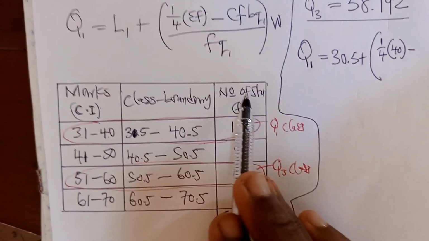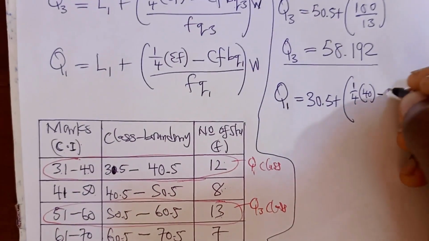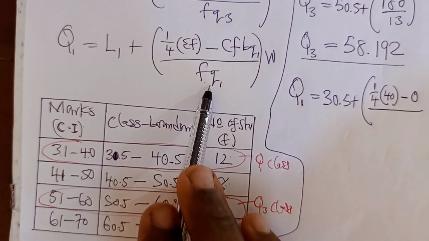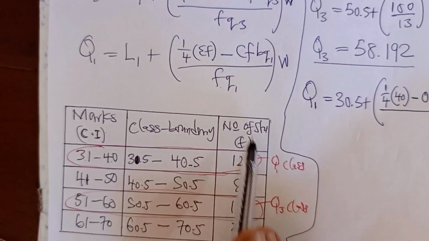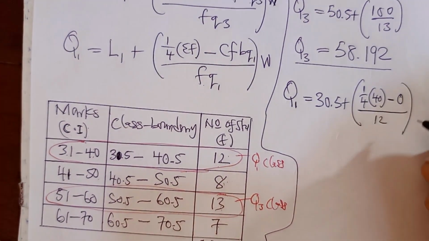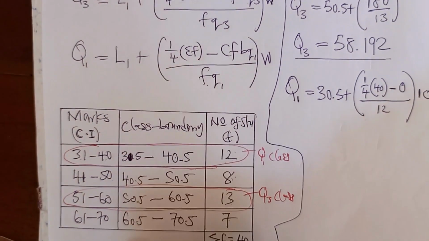Is there any frequency before the lower quartile? No, there is nothing there, so we can put 0 there. Over the frequency of the lower quartile, which is 12. Times class size, which is the same, size 10.